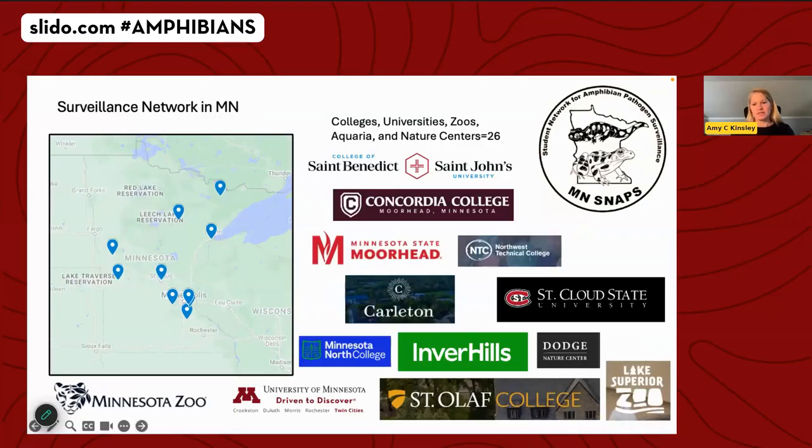So to support early detection, we established a statewide surveillance network that we're calling Minnesota SNAP. Minnesota SNAP stands for the Minnesota Student Network for Amphibian Pathogen Surveillance. The network is a combination of colleges, universities, zoos, aquariums, and nature centers across Minnesota that have been invited to sign up.